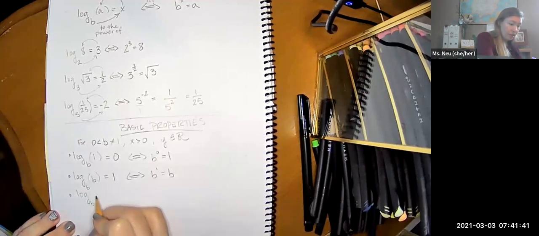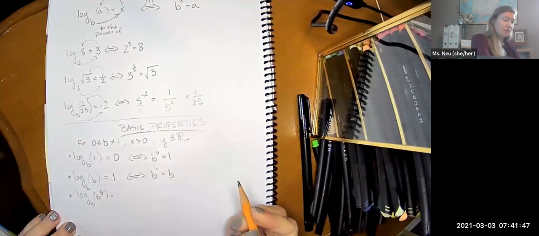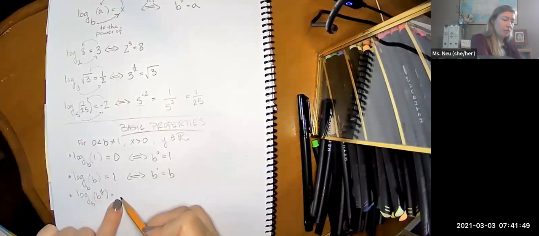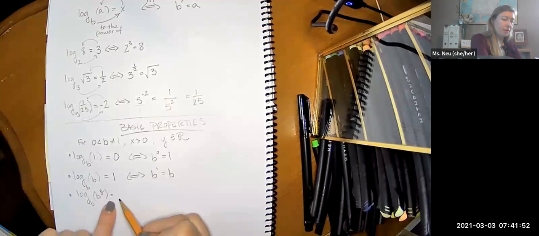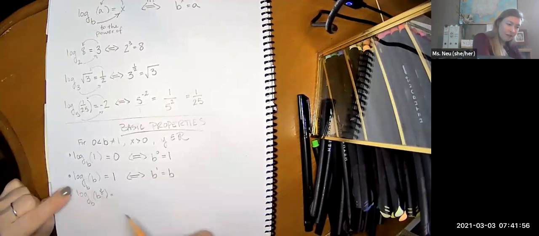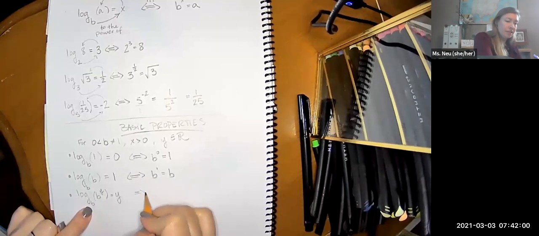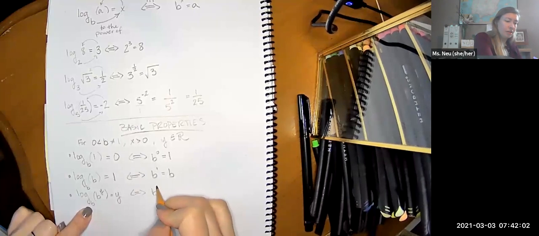Log base b of b to some other power equals what? If I rewrite this, b to the power of what gets you to b to the power of y, right? B to the power of y is b to the power of y.